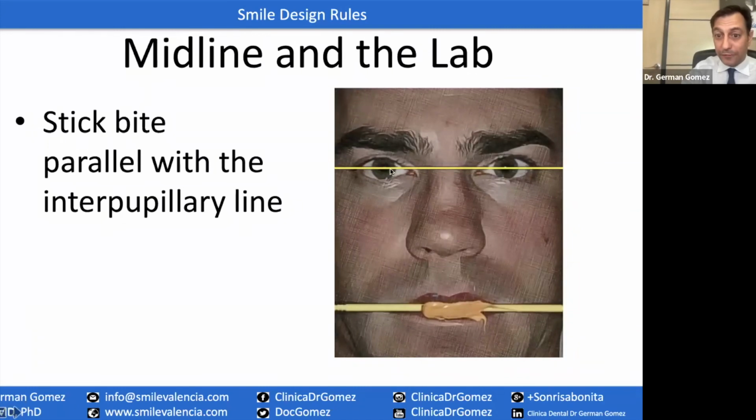Although if the bipupillar line is good in the patient, okay, but if he has one eye here and the other eye here, then the bipupillar line is not a good thing.